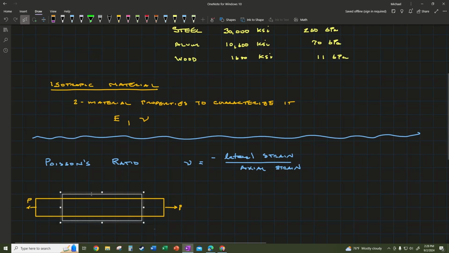If the gray box here is the original size of the material, and then you pull on it, axially you elongate it, and then it shrinks in the lateral direction by this much here and this much here. So that's why you use the negative sign.